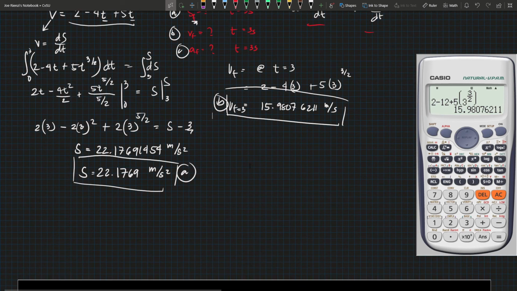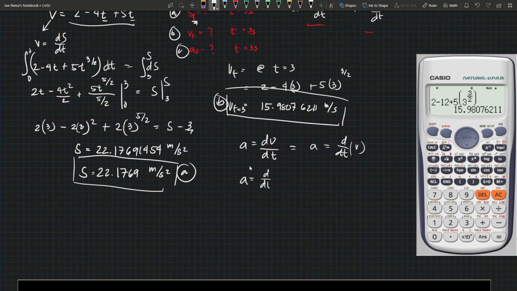For C, acceleration, again, hiramin natin si basic definition, Vt. So pwede kasi natin itong tingnan ng, di ba? That is almost, or that is the same as d over dt v. V being a function, and then d over dt is yung ating operator. So pwede natin sabihin na yung a is equals to d dt, and then yung v value.